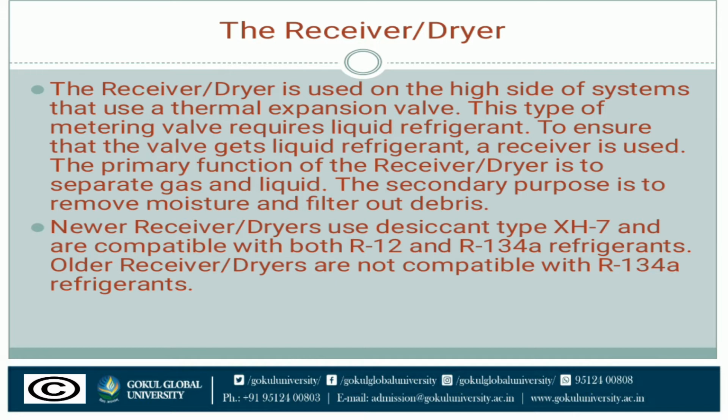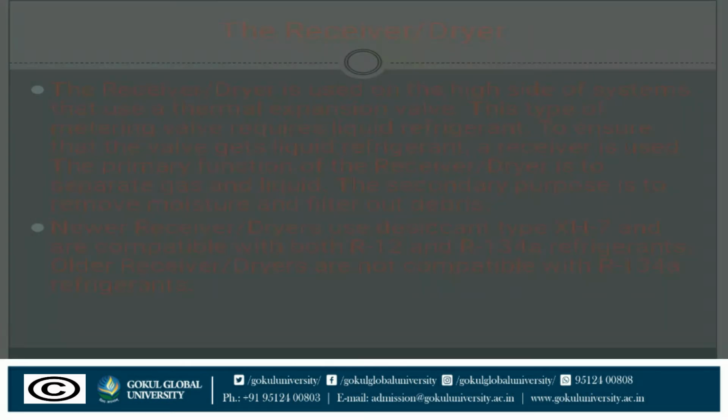So what is the purpose of the receiver dryer? Any moisture contained in the refrigerant, the receiver dryer extracts it from the system. Why? Because if there is any moisture present in the system, it damages the system, as we will now see, and why it is harmful.